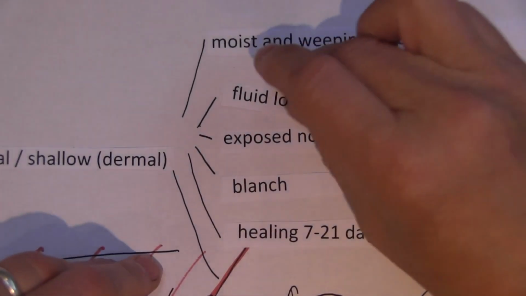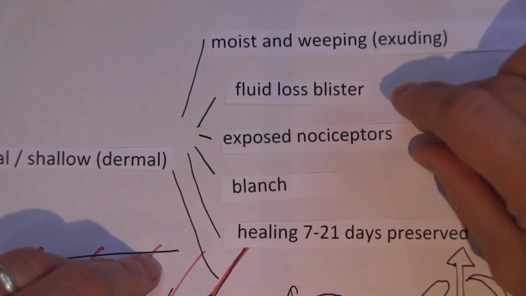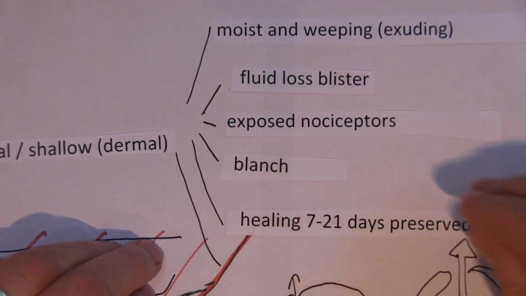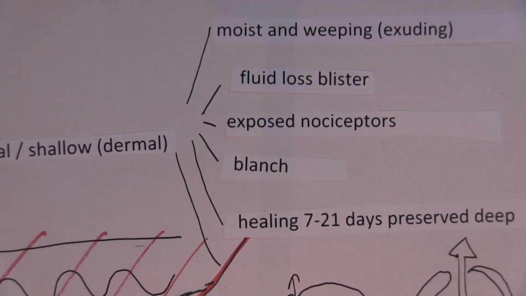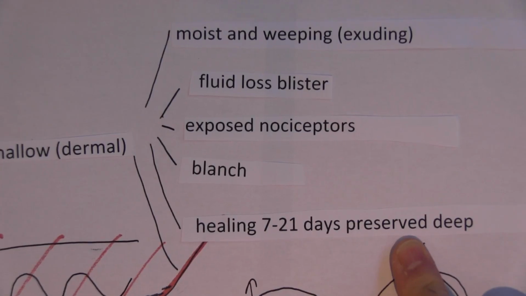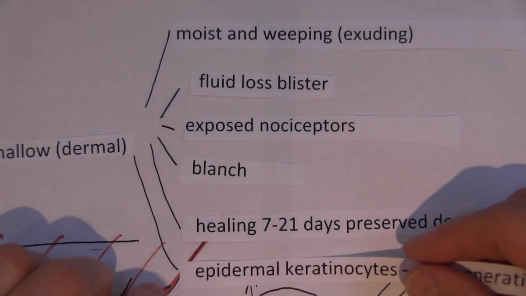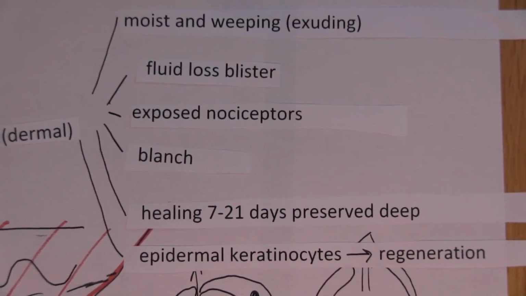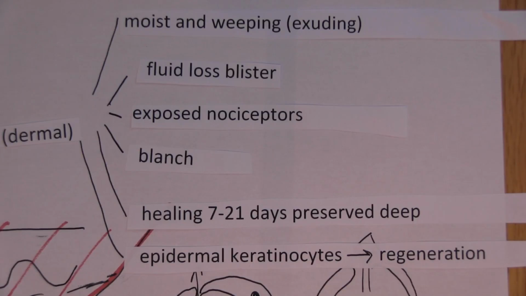So recognise them: the moist weeping, fluid loss, blister formation, exposed nociceptors causing pain, retained blanching, healing from preserved elements, preserved epidermal elements that penetrate down into the dermis. And it's a good thing that the epidermal keratinocytes can regenerate, meaning we can heal without scar tissue formation, providing you manage the wound well, of course.